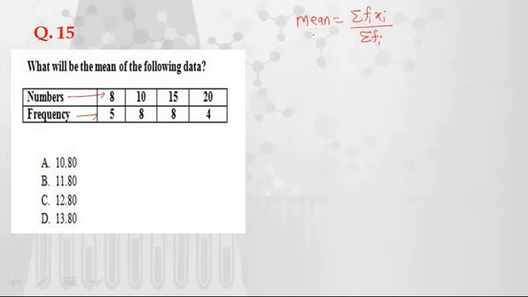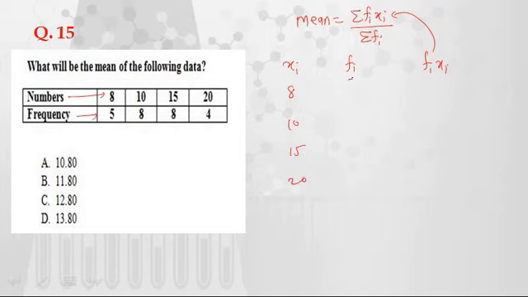So this is the formula for mean when the given data is discrete data, meaning the value of the variable is given along with its frequency distribution. So we will prepare a table like this with xi, fi and fi into xi, because we need summation of fi xi and summation of fi in the denominator. So xi is nothing but 8, 10, 15, 20.